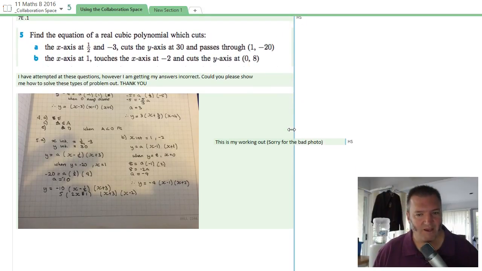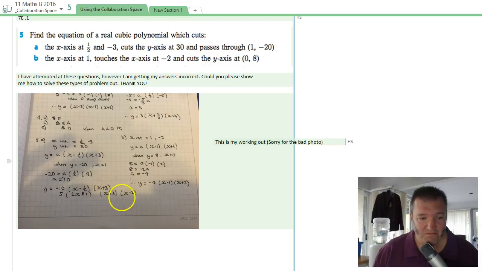Look at this, we've got some working out for this one, which is good to see. Find the equation of the real cubic polynomial, which cuts blah, blah, and blah. Attempted at these questions. Yes, these are fun. All right, good to see we've got some attempts here. So yep, x-intercepts at a half and negative 3. So we've got x minus a half and x plus 3. That's correct. I think what's going to happen here is when you do this, oh no, look, you factored out a half there.